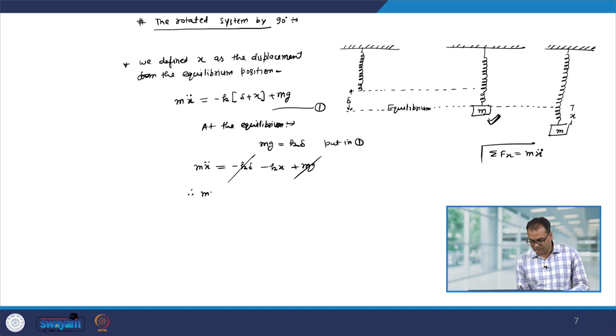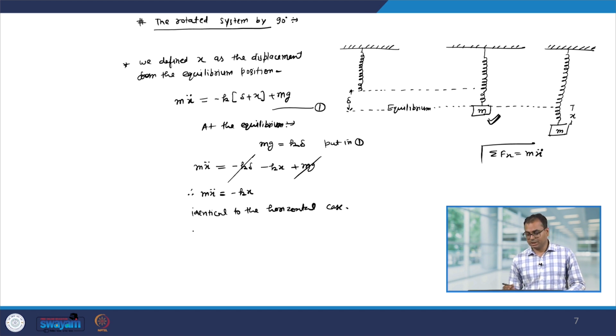Therefore, we have m x double dot equal to minus kx, and this equation of motion is identical to the horizontal case that we have studied. Okay. There is no difference when you study the spring mass system in the horizontal configuration or in the vertical configuration. Okay. So, the equation of motion remains unchanged.